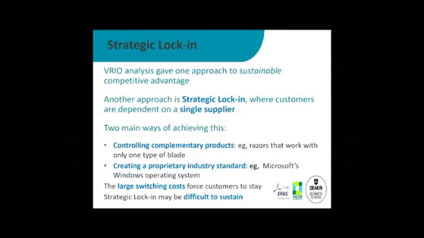Strategic lock-in. When we talked about the strategic capability and competency analysis, we had the VRIO test for strategic resources. There's another issue, which is strategic lock-in, where organisations have, for example, a contract. Customers have a contract.